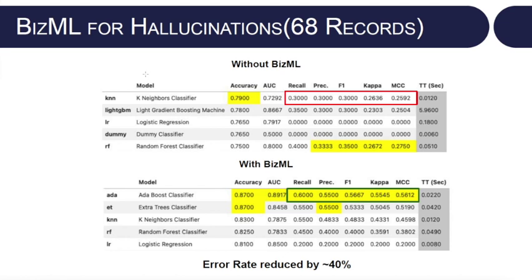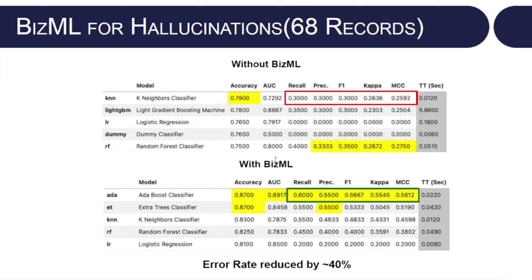This is a great example of how BizML can work with very small data sets. This particular example involved 68 records. It was a very tiny data set. We tried to identify hallucinations, and even the best model did a very poor job of detecting hallucinations because most of the data was not hallucinations.